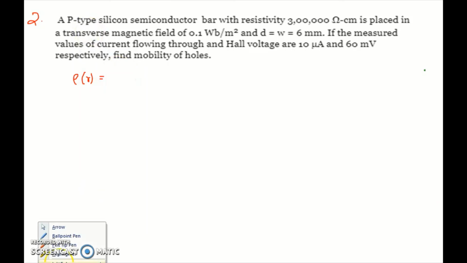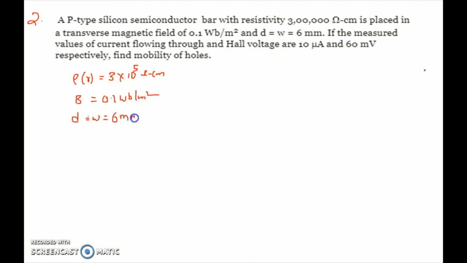So now the rho of R is given as 3 into 10 to the power of 5 ohm centimeter, placed in a transverse magnetic field of 0.1 Weber per meter square. That means B is given as 0.1 Weber per meter square, and the distance or width becomes equal to 6 millimeter, that means 6 into 10 power minus 3 meters.